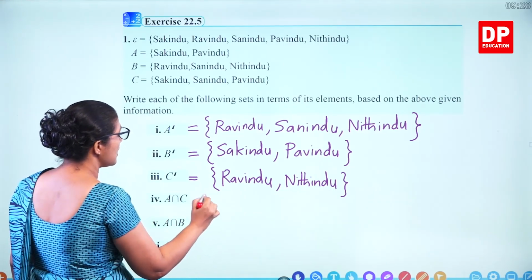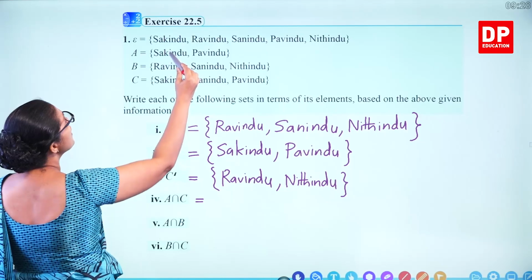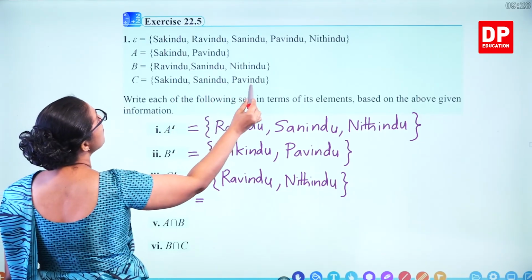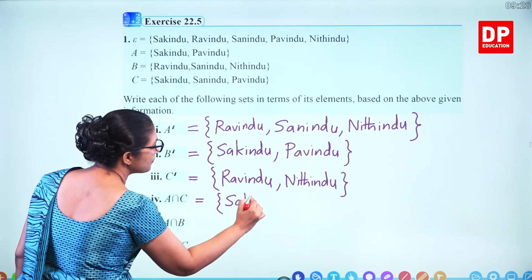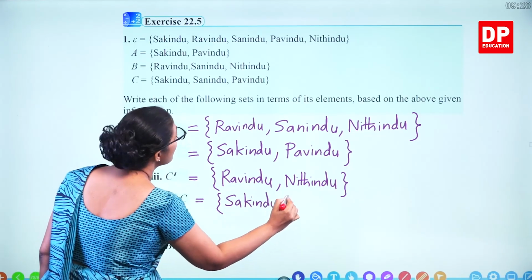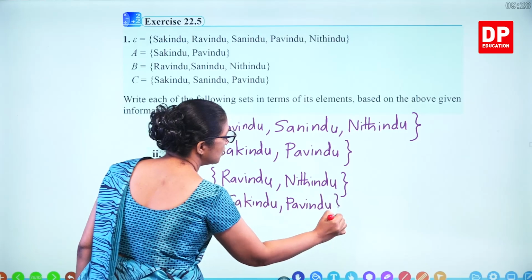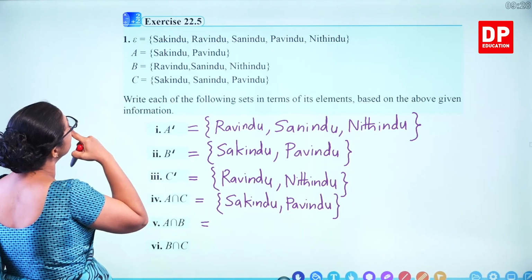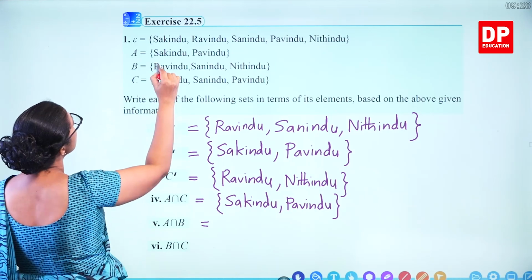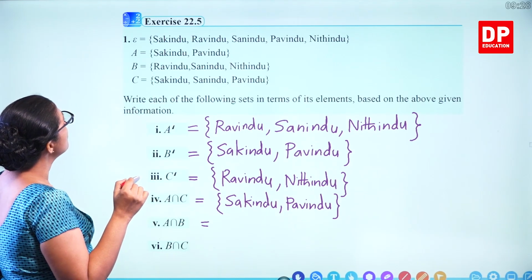A intersection C. Common for A and C. What's common? Sakindu common, Pavindu common. Sakindu and Pavindu. A intersection B. These two: Sakindu, Pavindu, Ravindu.